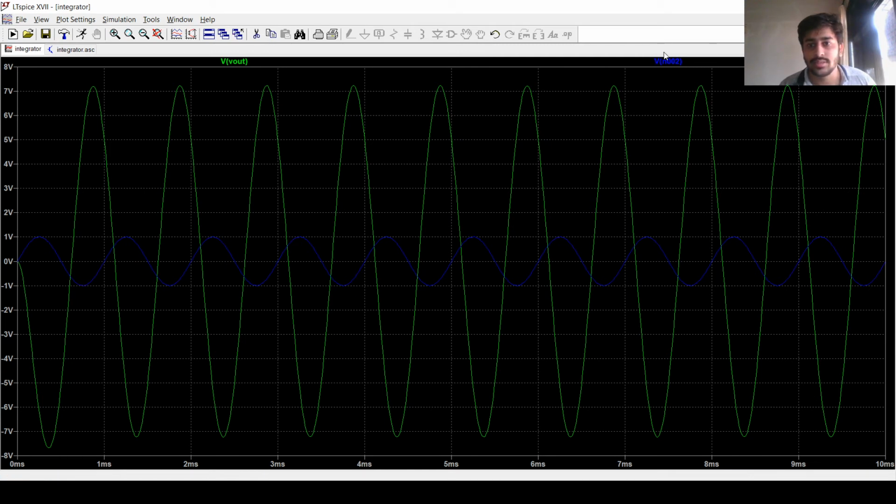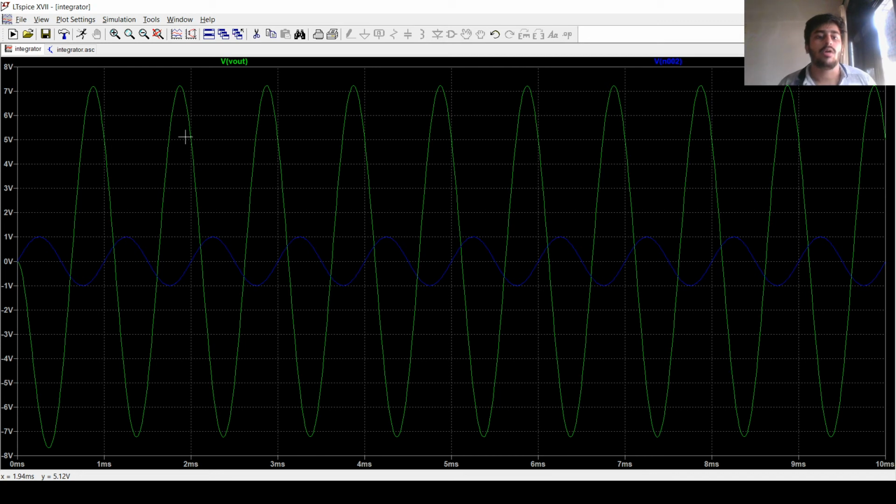As you can see, this is the sinusoidal input we have applied, and the output of it is a cosine, which is 180-degree out of phase. As you can see on the screen, the green signal is the output signal and the blue signal is the input signal.